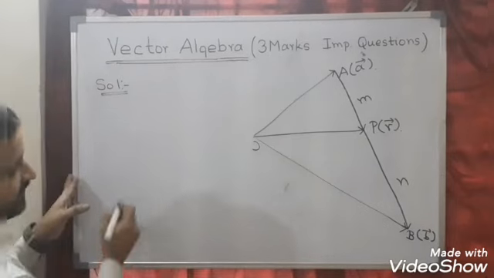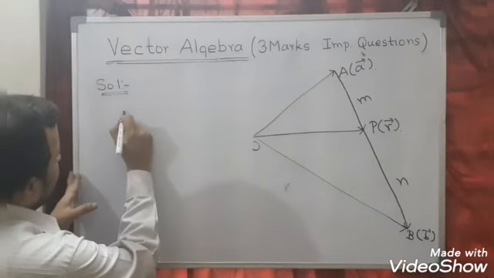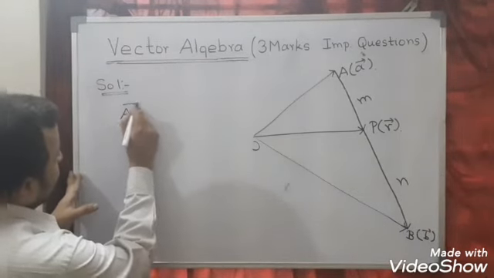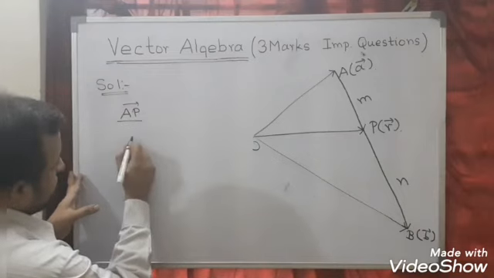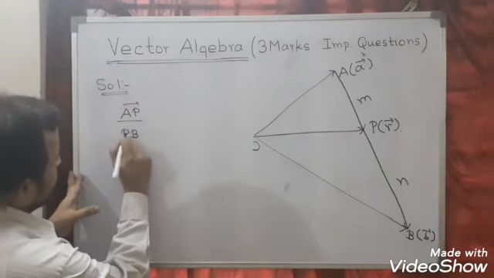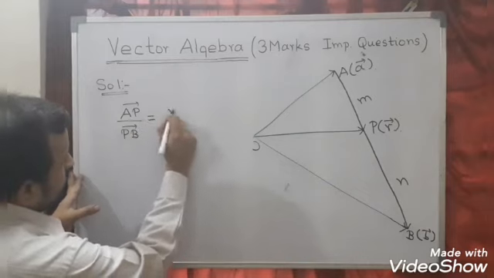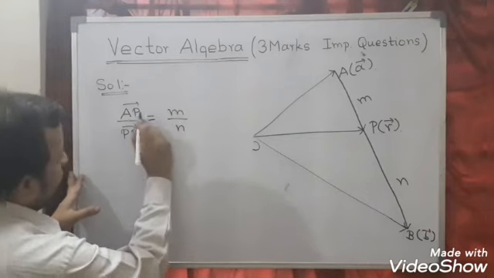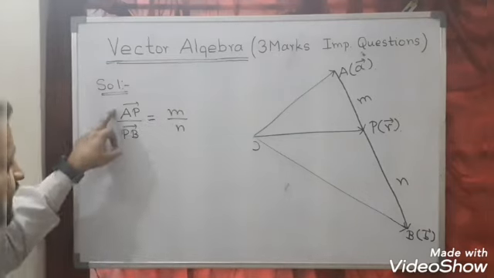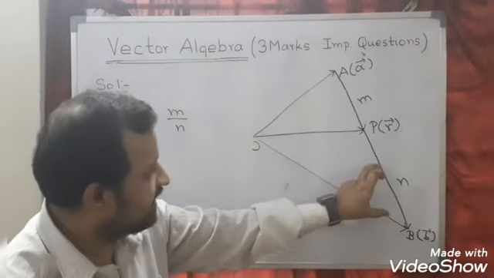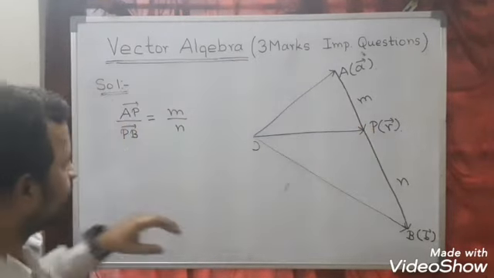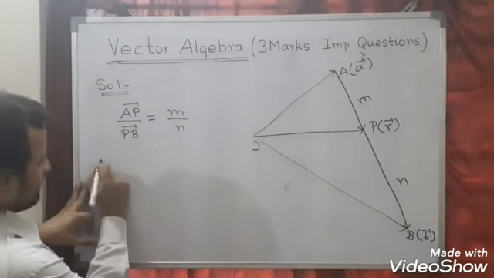Now if you see the figure, can I say that AP divided by PB is equal to m/n? So the ratio here is m/n. What is AP vector?